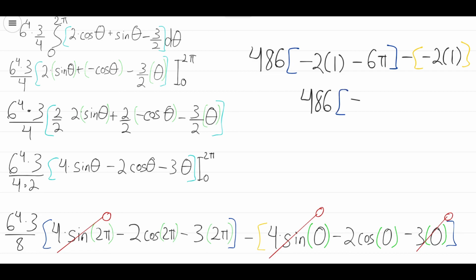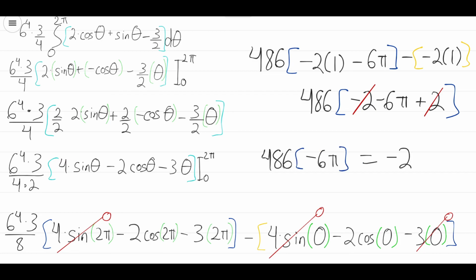So 486 times minus 2 minus 6 pi plus 2. So the 2's can cancel each other out, and we're left with 486 times negative 6 pi, which is equal to 2916 pi. So that's our final answer for this cylindrical integral.